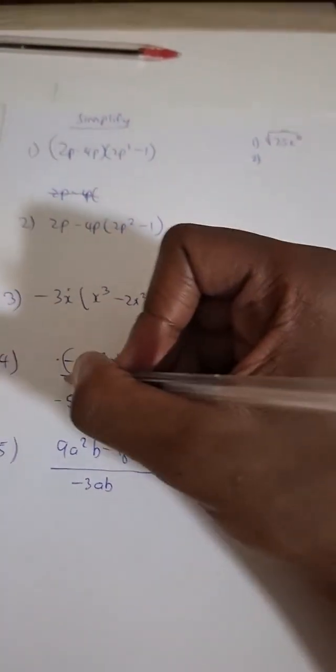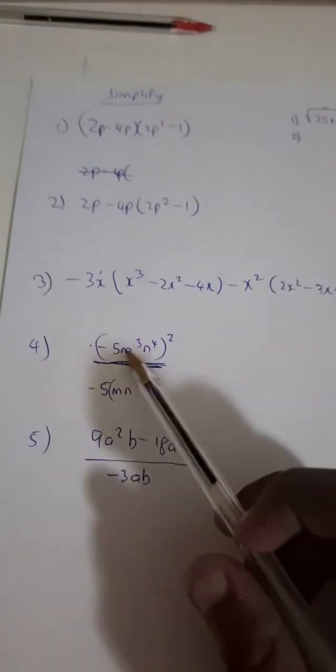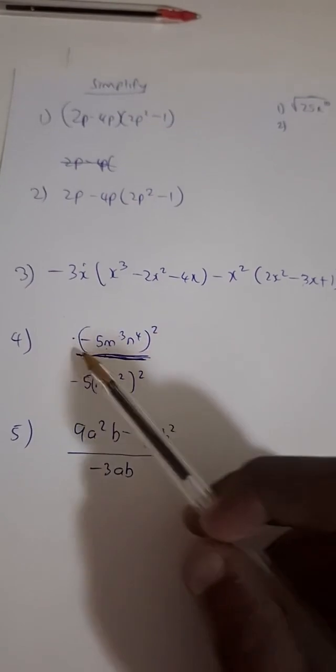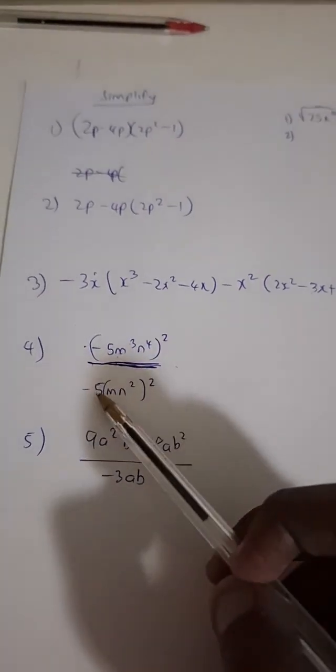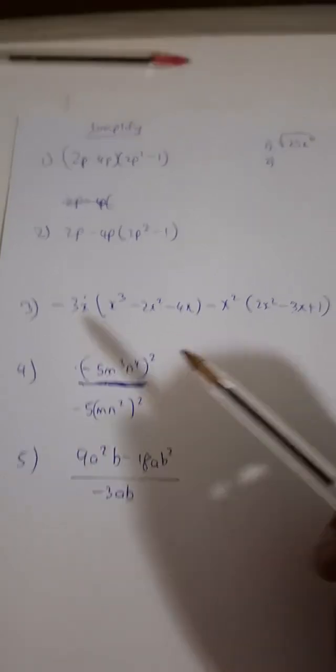Then here we have some division. Minus 5m to the power 3 n to the power 4, the whole thing squared over negative 5 into mn squared to the power 2.